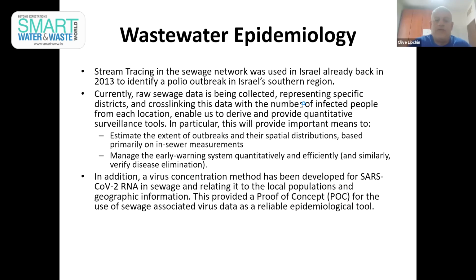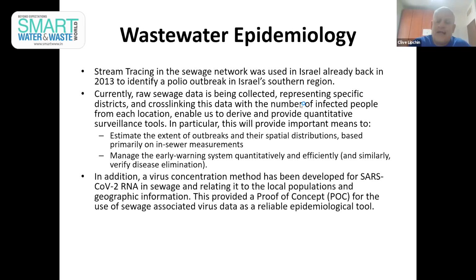Okay, so to summarize the approach, we use the term stream tracing because, of course, we are looking at identifying the virus along a sewer network. And I'm going to use as a case study a project that we're now launching in Israel and in the Palestinian territories. Now, in Israel, we already began to be looking at this issue back in 2013 when there was a polio outbreak in Israel's southern region.